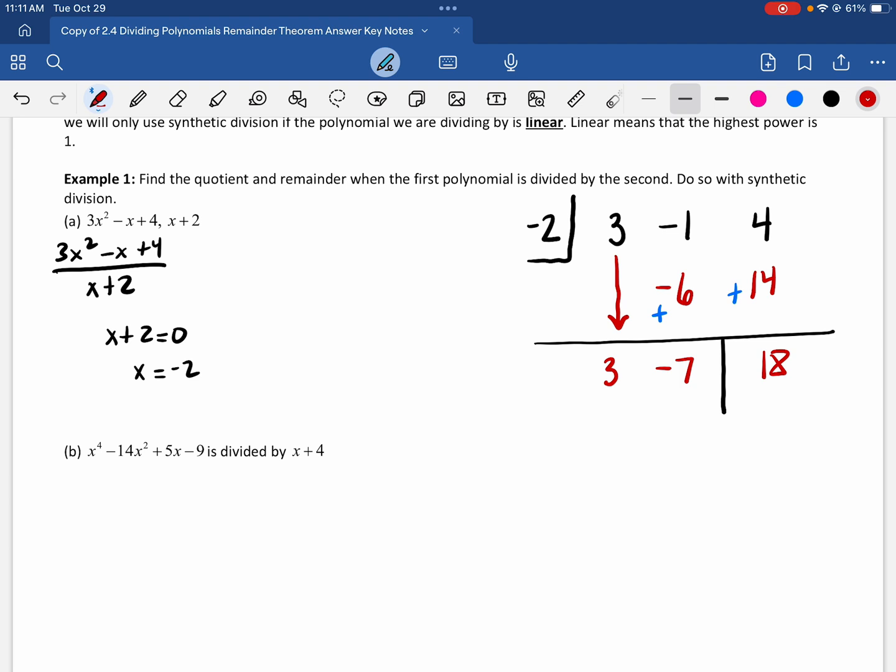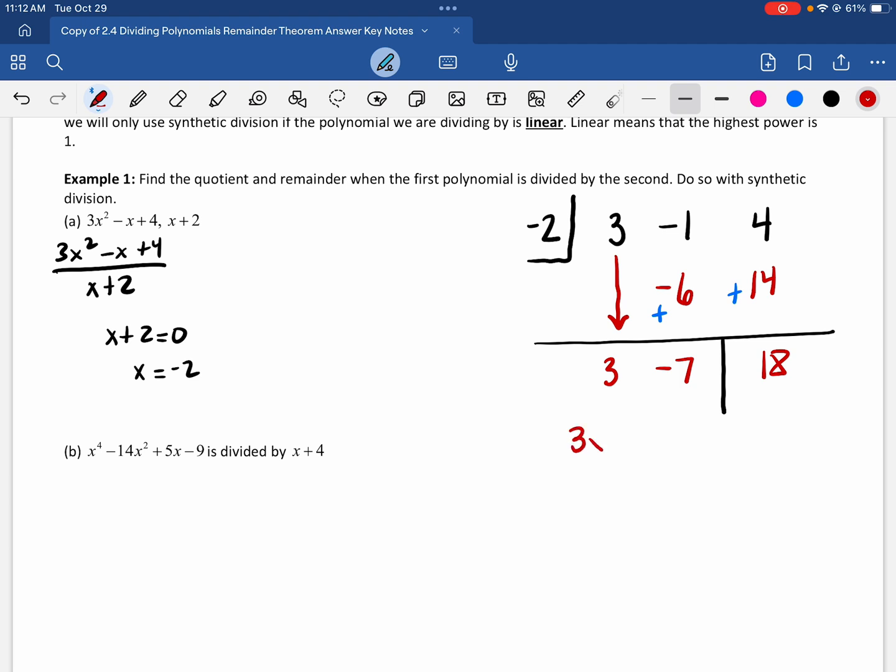Now we've got to put those variables back in. You're going to start putting variables back in with the first one being a term that's one less than your highest exponent. Our highest exponent here was the squared. So if I go one less than that, that's just a linear term, just an x. So when I start putting these back in, I'm going to start with just an x, because x is what comes after x squared.